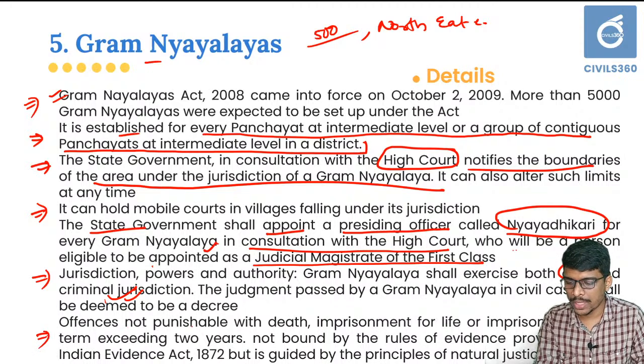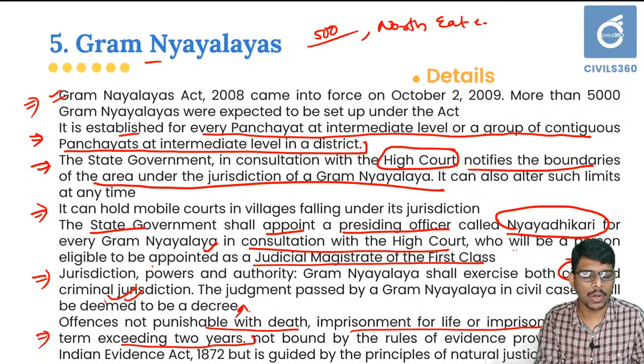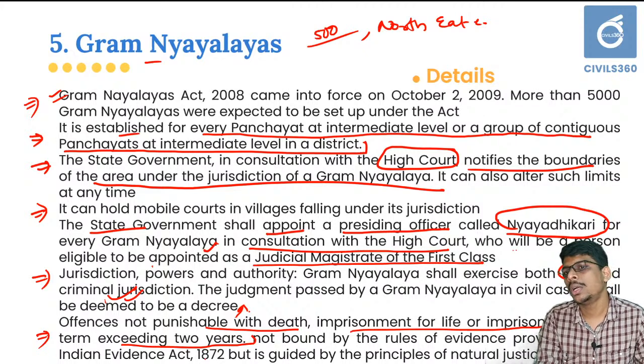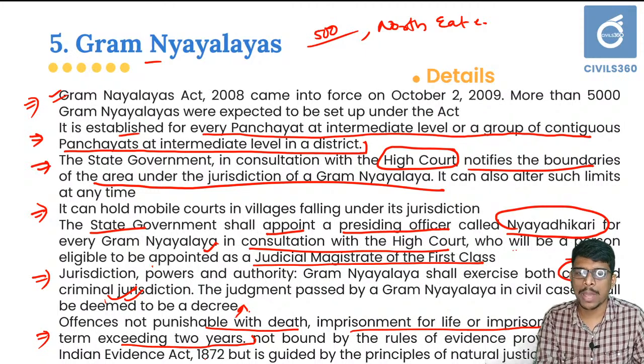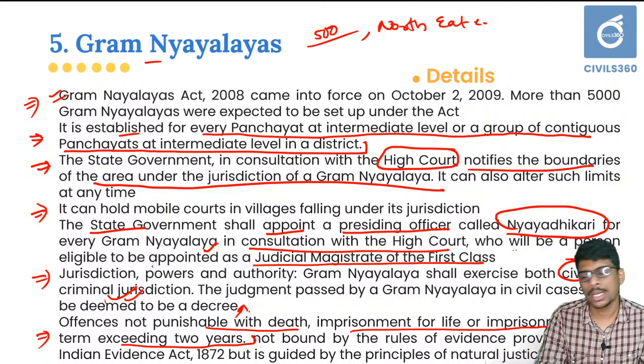Offences punishable with death, imprisonment for life, or imprisonment for a term exceeding 2 years cannot be taken up in the Gram Nyayalaya's purview. For example, a criminal case whose maximum punishment can be the death penalty cannot be taken up by the Gram Nyayalaya.